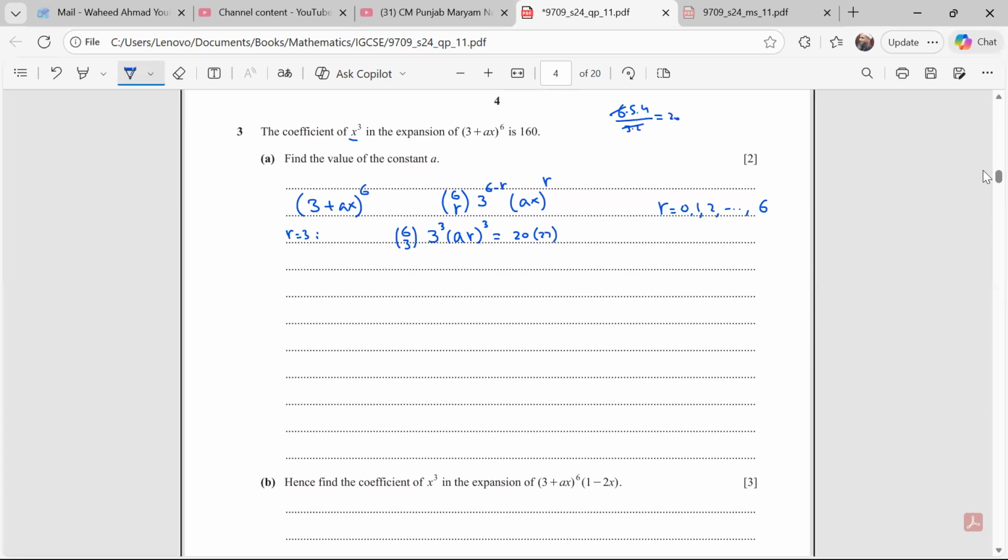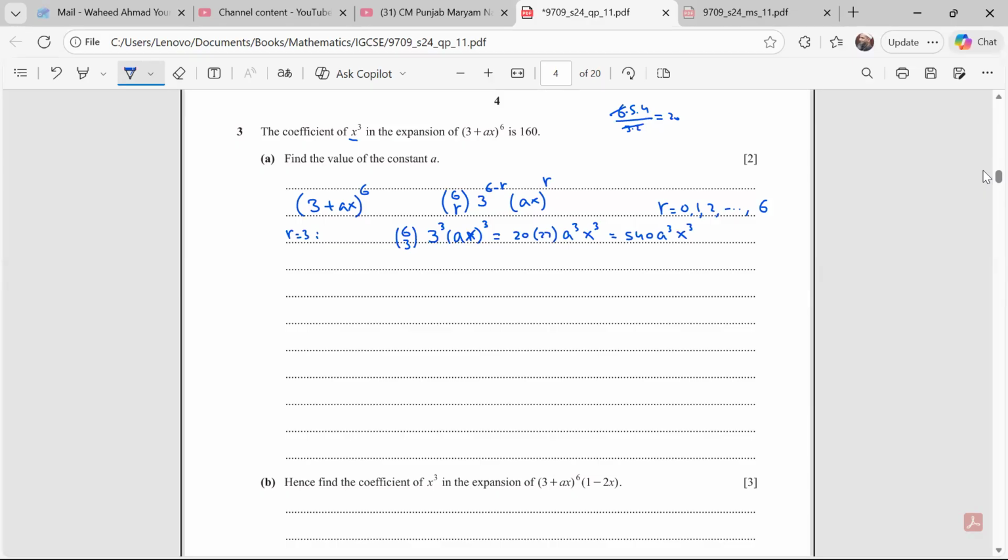And a^3 and x^3. So 27 times 20 will be 540. So 540 a^3 x^3.